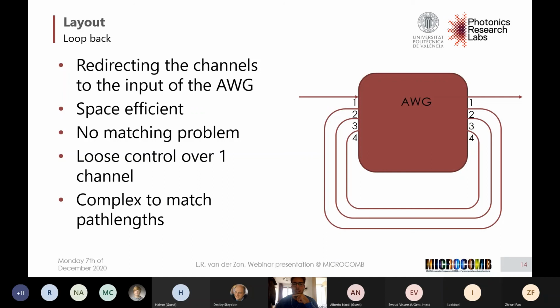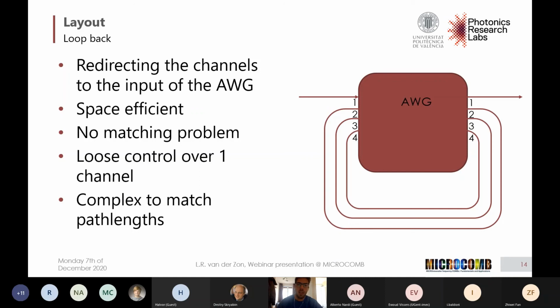So you send the signal into one AWG and then redirect all the channels but one back into the input slab coupler of the AWG. This has two main benefits: it's space efficient, and also because you use the same AWG, there's no matching problem.